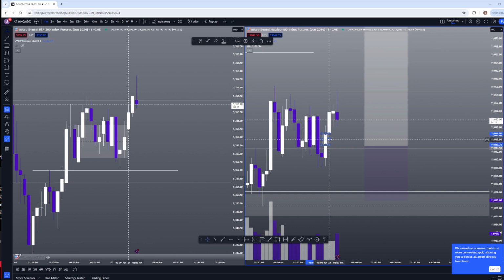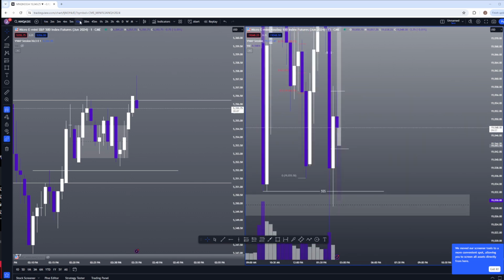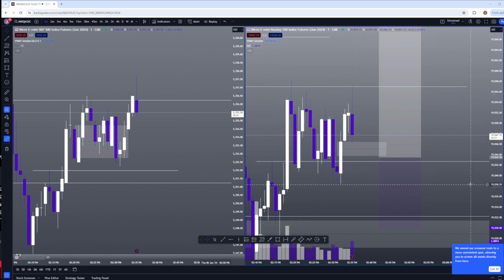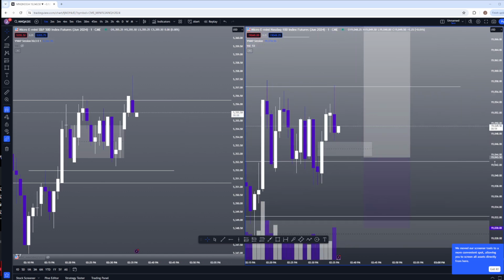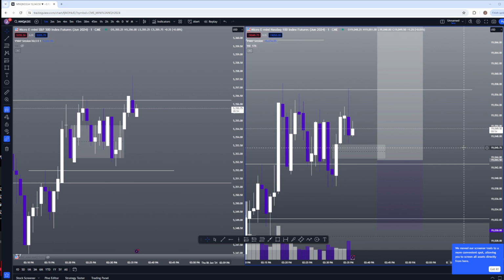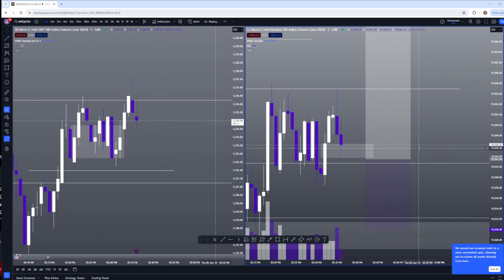We got a 1 minute fair value gap down here. Let's see if we want to use this fair value gap down here. We still haven't displaced the range.